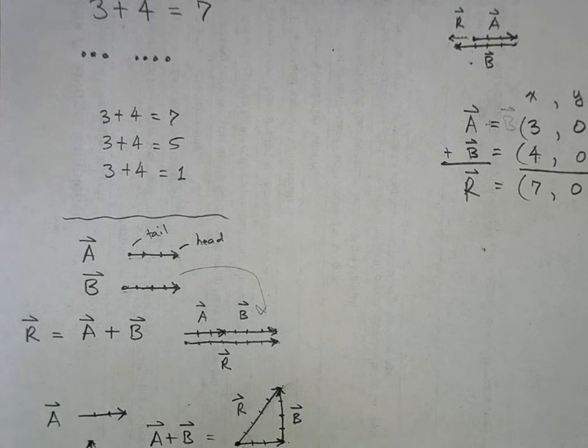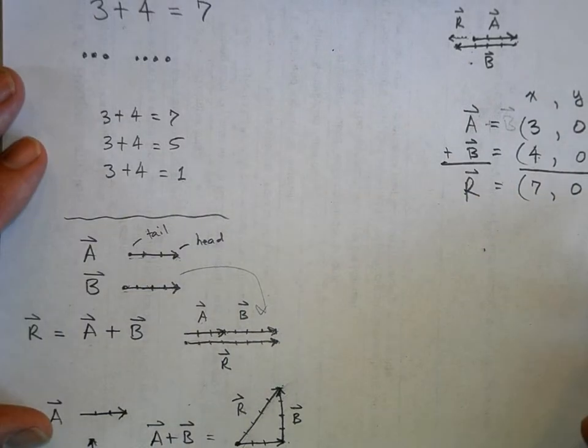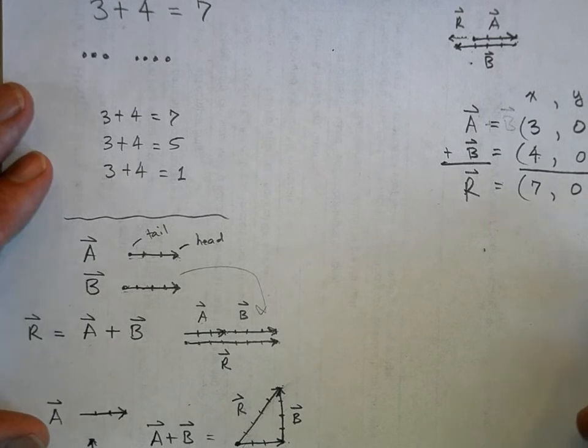Now, I want to write down my answer in polar coordinates. On the homework, all your answers, all the resultant vectors, have to be in polar coordinates, which gives me a magnitude and a direction. Well, what is the magnitude of this vector? How long is this vector right here?